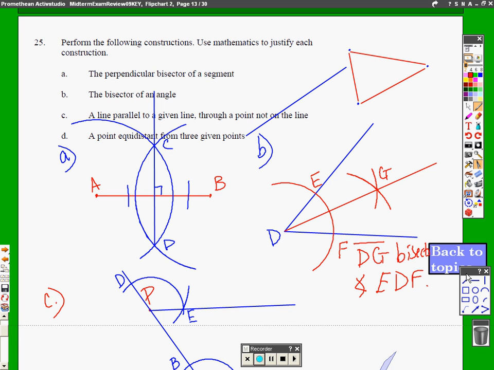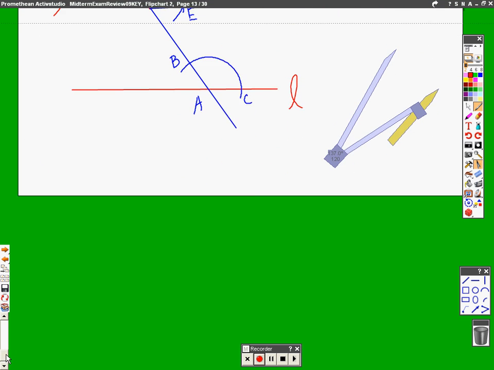As you should hopefully remember, the circumcenter is equidistant from the vertices. In order to create the circumcenter, we're going to have to do the perpendicular bisectors of 2 of the sides, and then find where they intersect, and that will be equidistant from the 3 points. Okay, I'm going to do that down here.